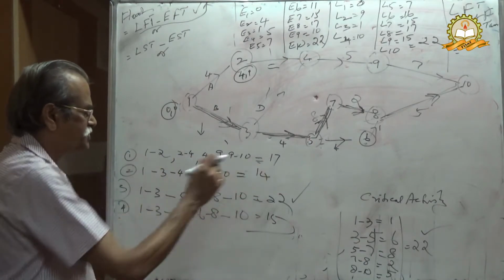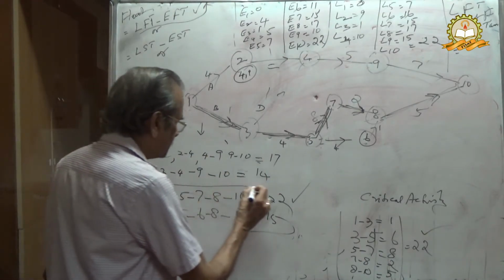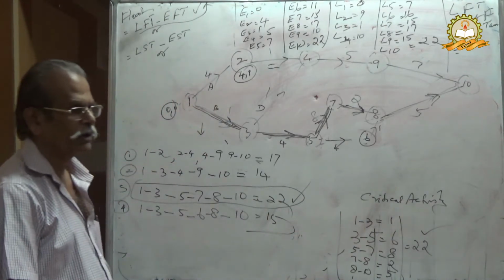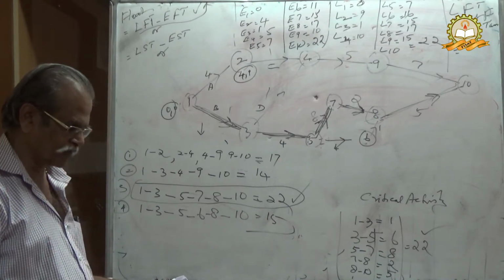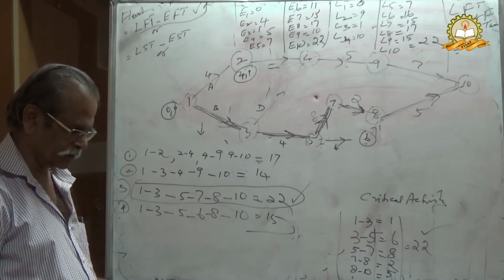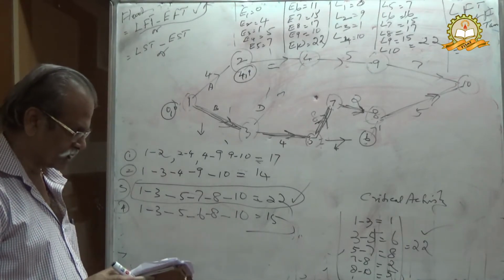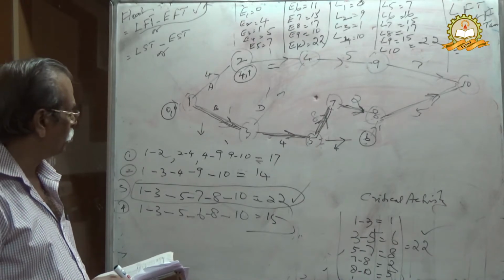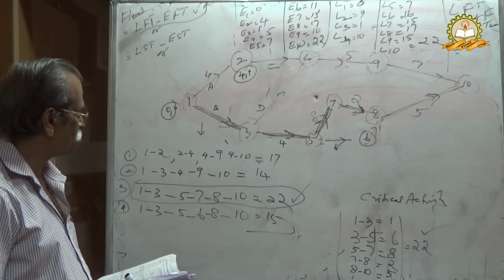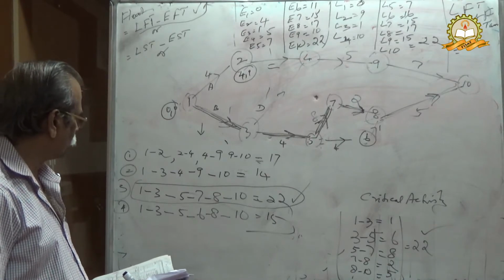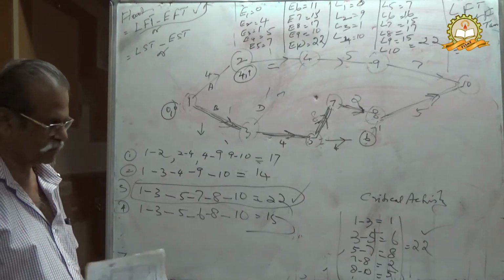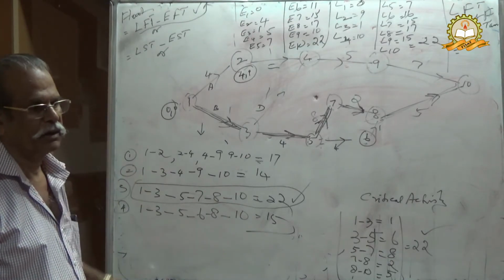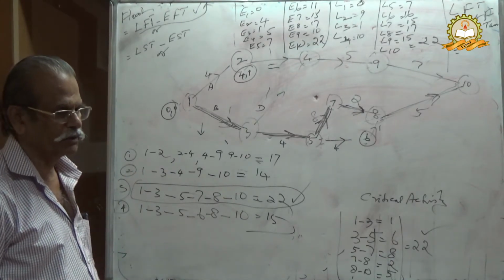These are the paths given, but the maximum duration comes under the critical path. Here we observe the third option equal to 22 is the critical path. Anyhow, we can complete the project by opting for the 1, 2 or 4 options, but they do not fall under critical activities.